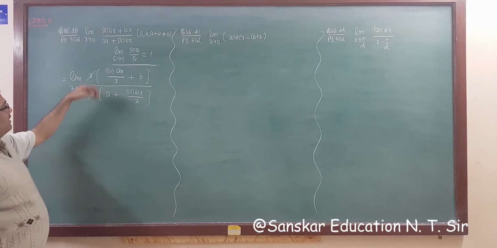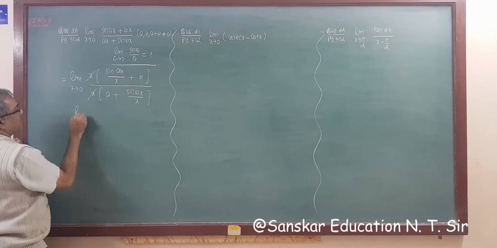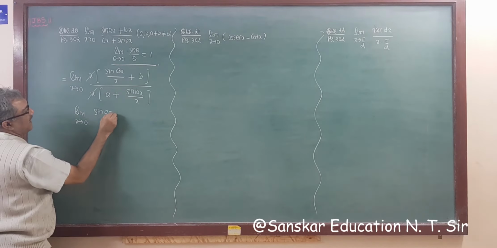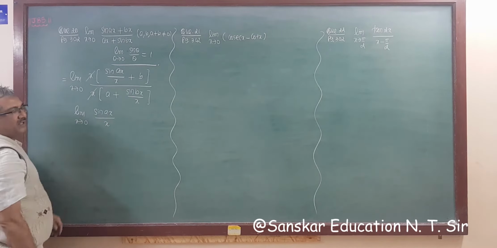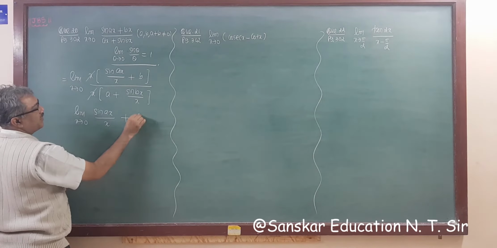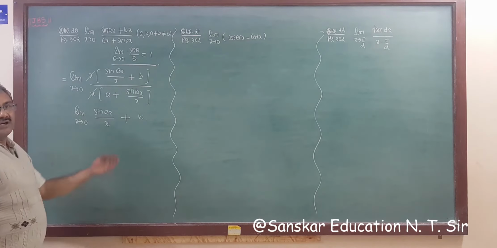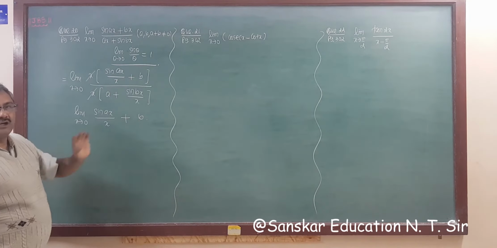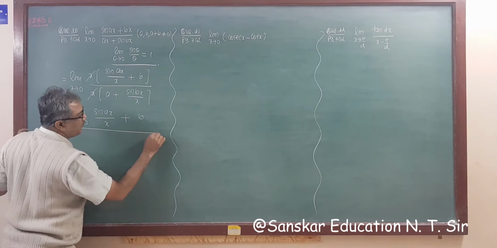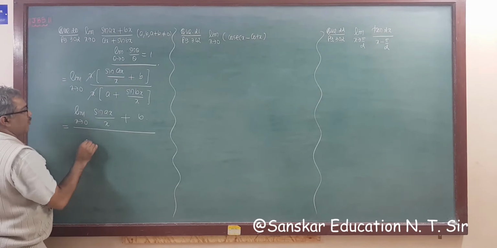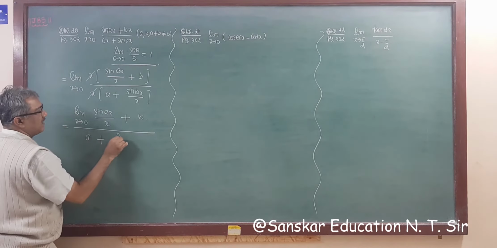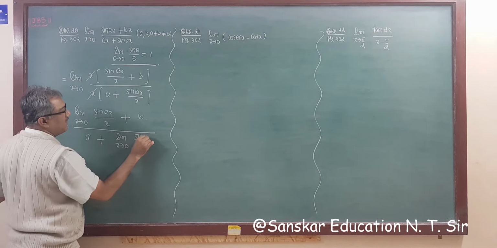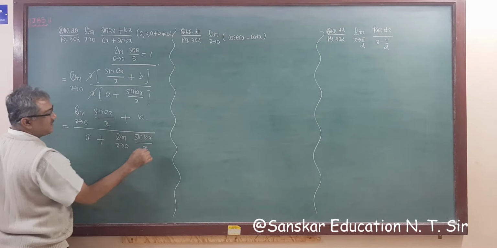Now giving separate limit to numerator, we get limit x tends to 0 sin ax upon x plus b is constant, so no need to write limit because constant is always outside the limit, and x tends to 0, nothing x here, so we can write constant as it is, whole upon, this is a constant, plus limit x tends to 0, this is sin bx upon x.